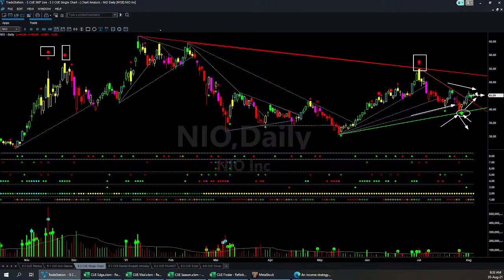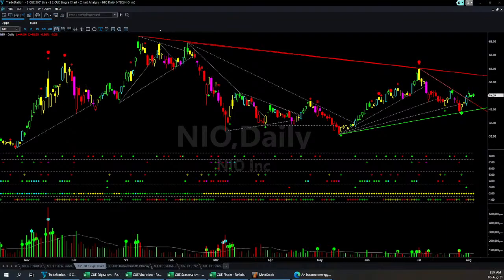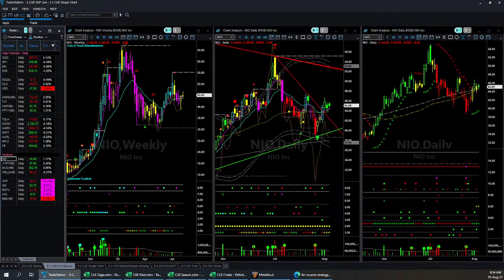If price comes down from here, and if the weekly remains magenta, which it is not, but if the weekly turns magenta, and daily turns down, turns magenta, that will give us a trend following growth flow short setup.